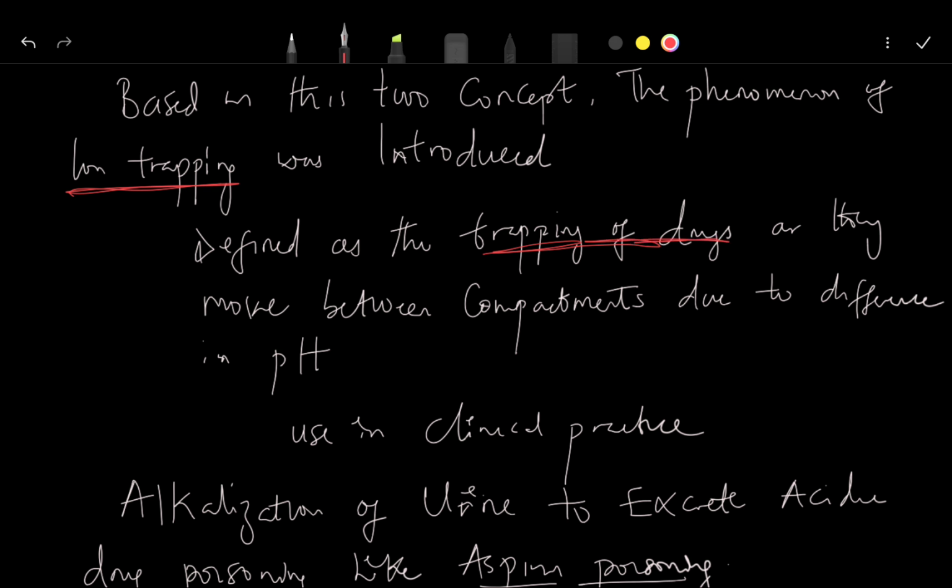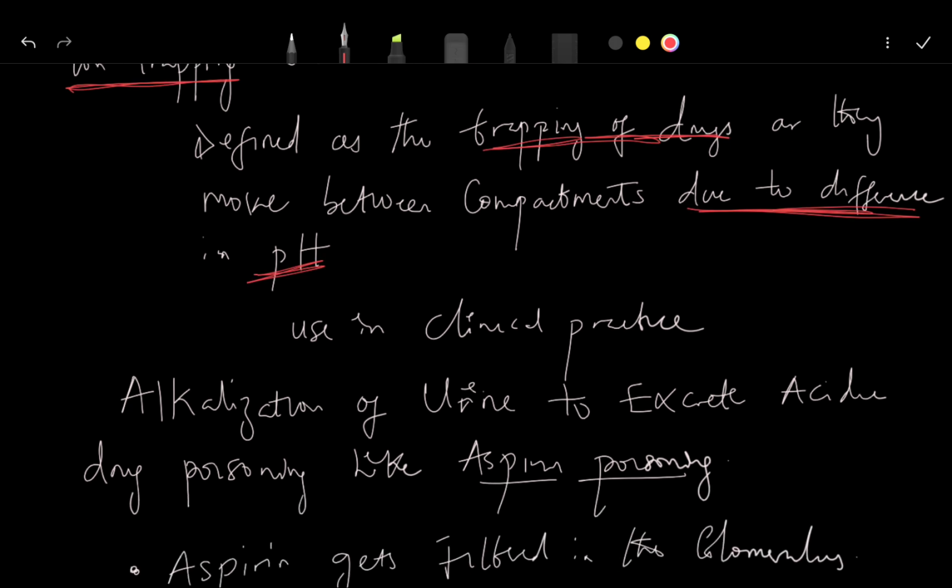Drugs usually move from compartment A to compartment B to compartment C. As they move between compartments, they get trapped in a certain compartment because of pH difference. If the pH in compartment A is different from compartment B, the drug can become ionized, depending on whether it is an acidic drug or a basic drug.